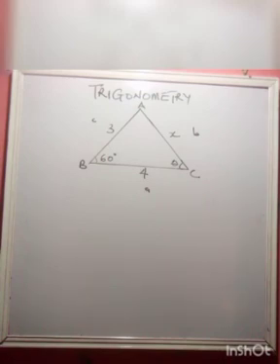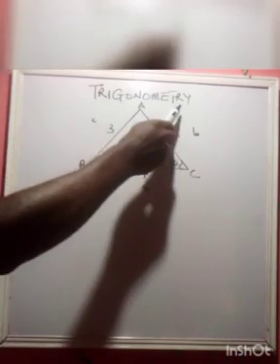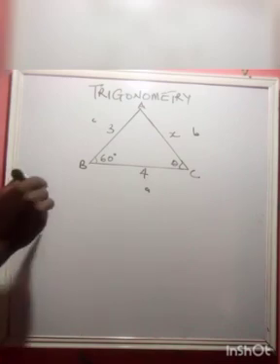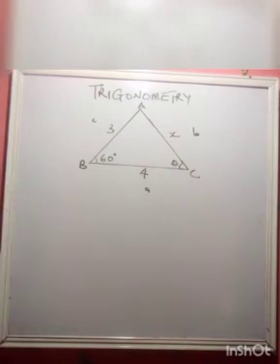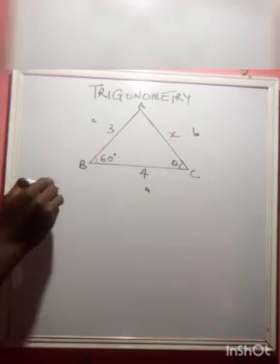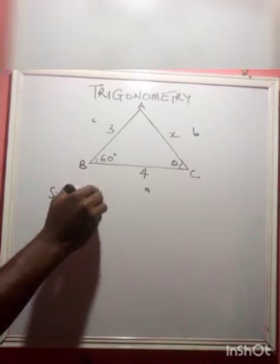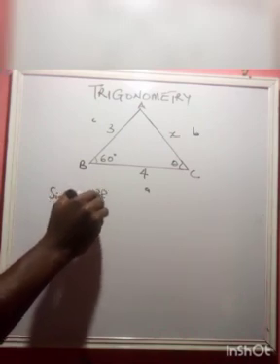We'll continue with trigonometry. The last time we discussed trigonometric ratios where we mentioned SOHCAHTOA, that is sine theta equal to opposite over hypotenuse.